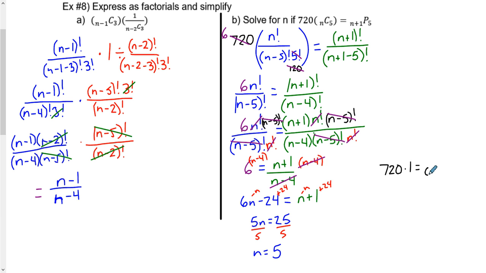So that would be 6P5. And if you type into your calculator 6P5, 720. I know, long and convoluted, but at the same time, really satisfying when it actually all works out.